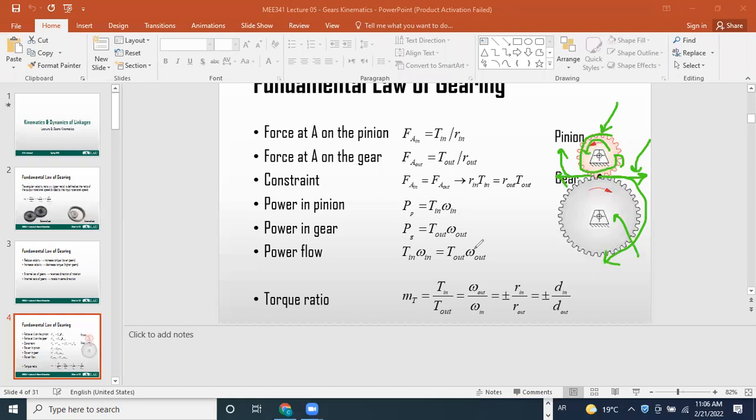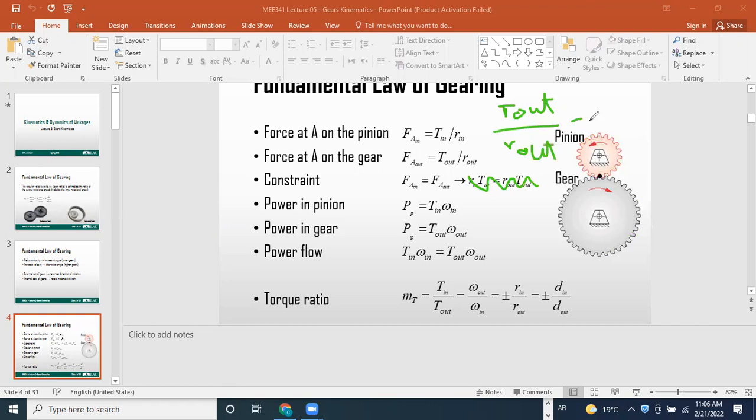And we can say that the magnitude of the force is the same by action reaction. And we know that whenever we want to talk about torque, we can write that the torque is force times radius. So the torque produced by the transmitted force is equal to T over R. And since the force is equal, it's T out over R out equals T in over R in, because same transmitted force in magnitude.